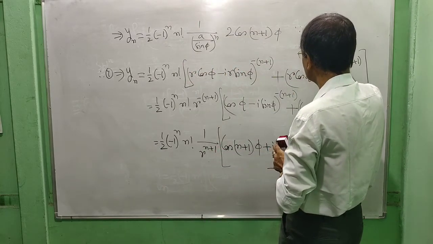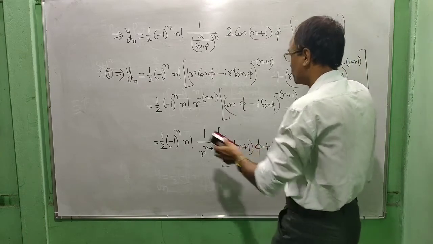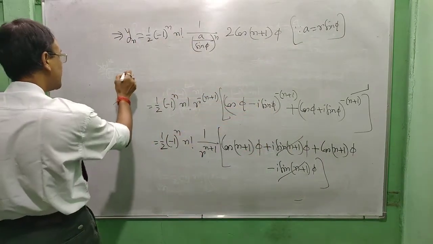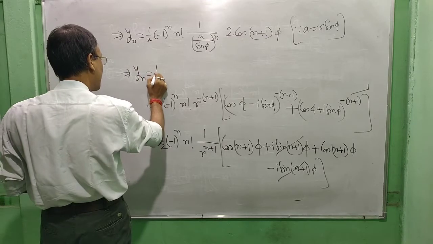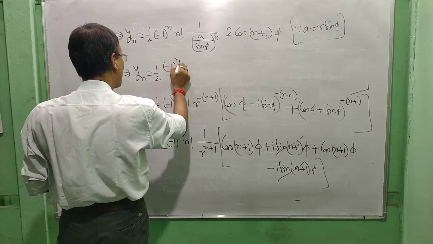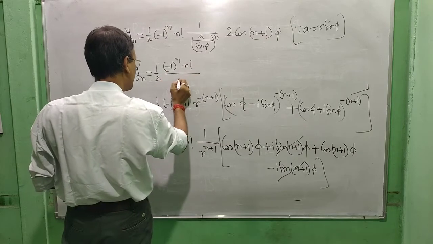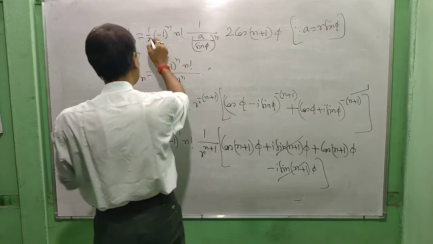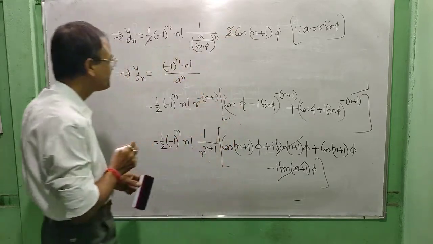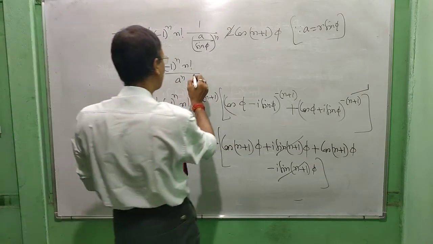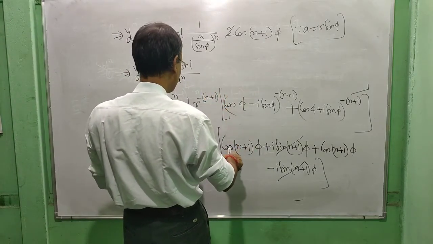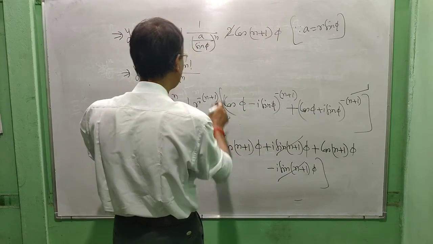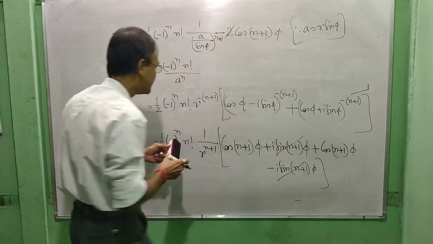Since a is equal to r sin phi, from this we put the value of r. This means y_n is equal to half (-1)^n n! divided by a to the power n into 2. This 2 will be cancelled. It is a to the power n plus 1, not n.